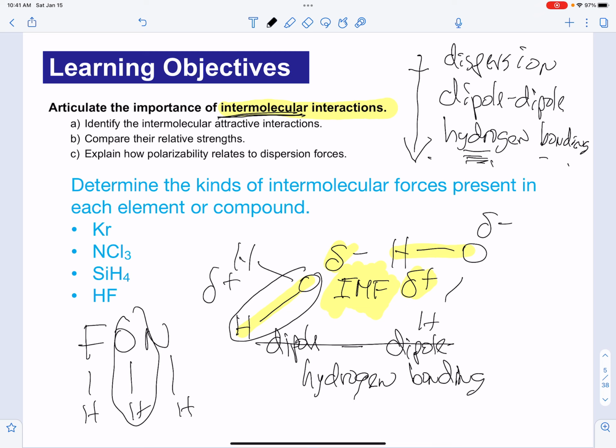So the stronger that force is, the more energy you are going to need to separate the molecules. If you have a liquid where the molecules are very close together and you want to make it into a gas, you're going to have to separate the molecules, so you're going to have to disrupt the intermolecular forces.